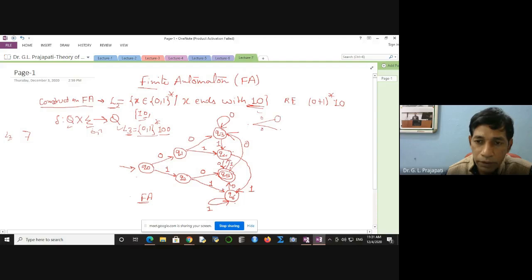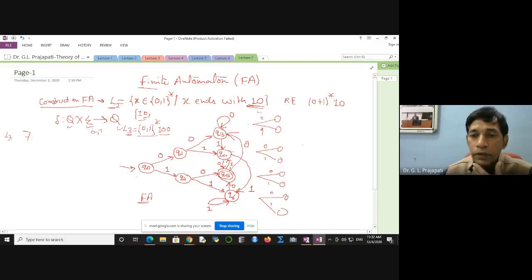From Q4, you have to define the transitions for 0 and 1, and you are in some state. From Q5 also, you have to define the transition for 0 and 1. From Q6, you have to mention the transition for 0 and 1, and you are going to some state, and again you have to give the transition for such a state.